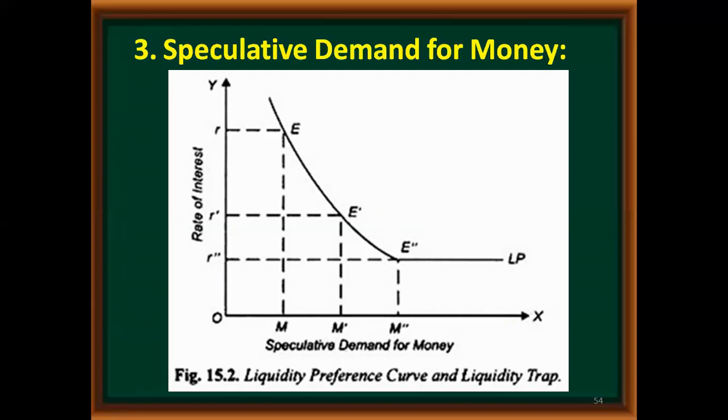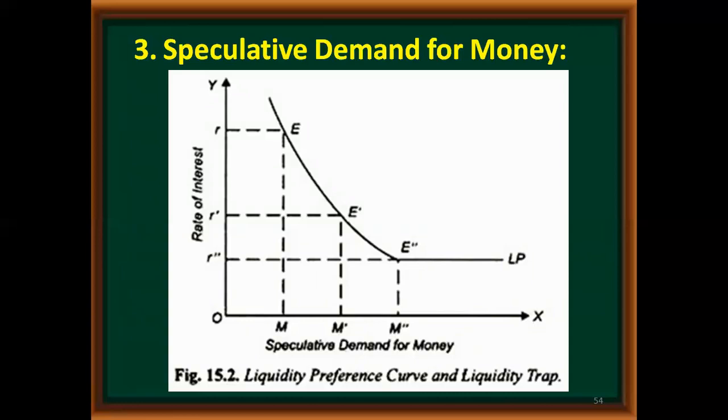Let us assume that the initial rate of interest is R dash, the middle one, then the speculative demand for money will be M1, and the equilibrium will take place at the point E. Now, if the rate of interest increases from OR1 to OR, then the demand for speculative money will reduce from OM1 to OM. It will move from right towards the left-hand side.